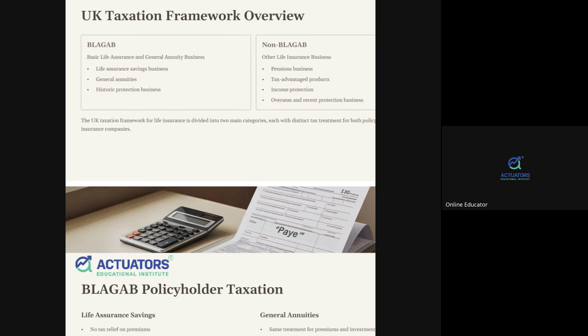The reason being, take the example of an insurance company that's selling both savings business as well as protection business, versus another insurance company that's only selling protection business.